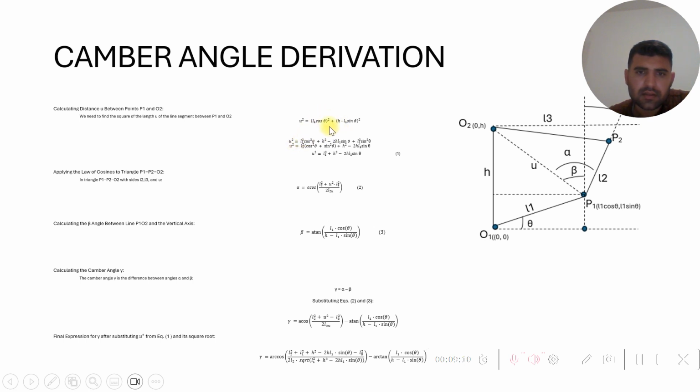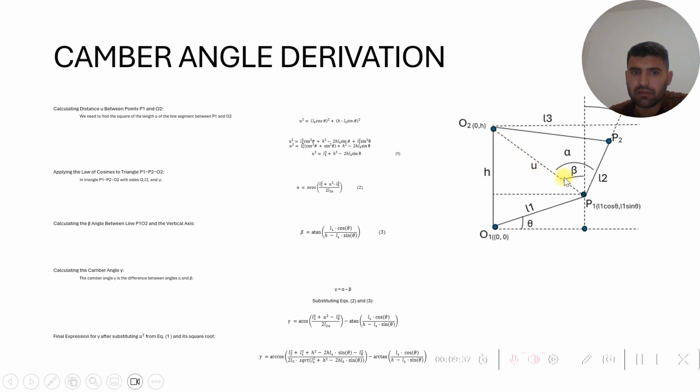Here we open the formula, like m is p square, and this is more extracting the depth, L1 square cos square theta plus z square, and we open this formula and we get this equation. Make this equation number 1, and then apply the law of cosine to the triangle P1, P2 and O2.